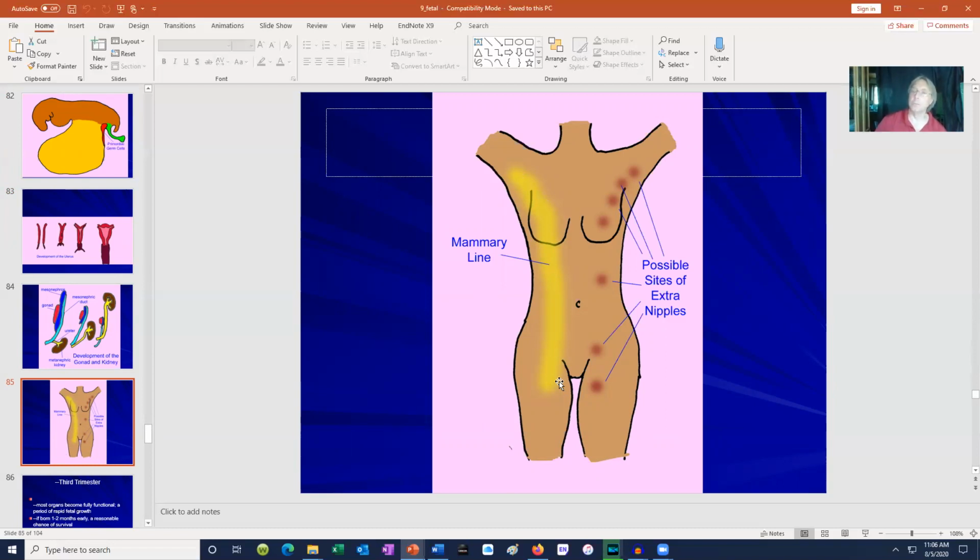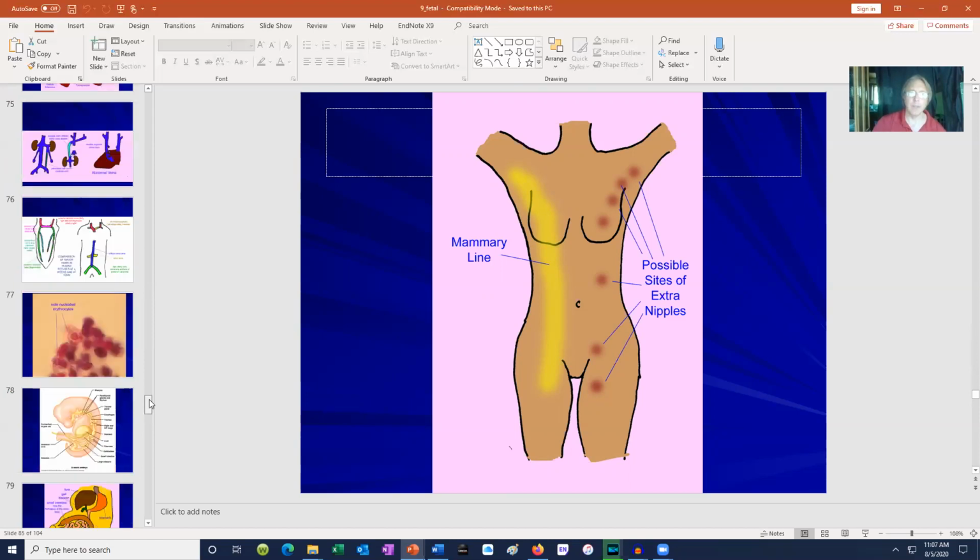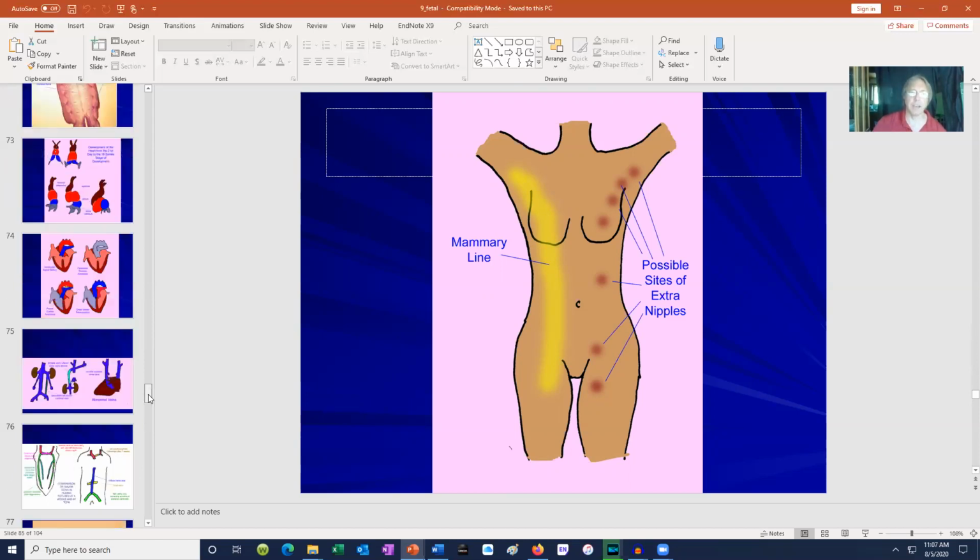Well, in humans, in both males and females, a bit more obvious in females after estrogen is released at puberty, breast tissue and nipples can develop anywhere along this mammary ridge. And so humans can be born with extra breast tissue and extra nipples along this ridge.